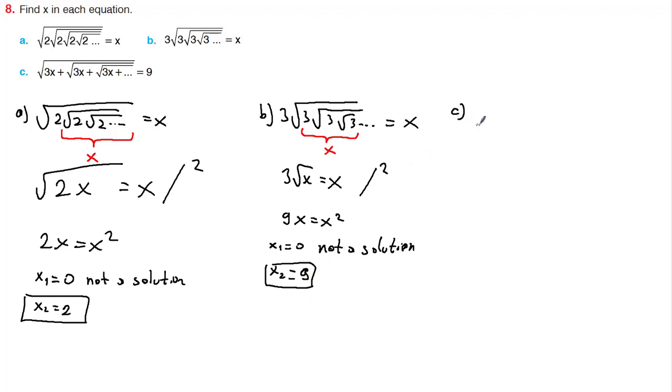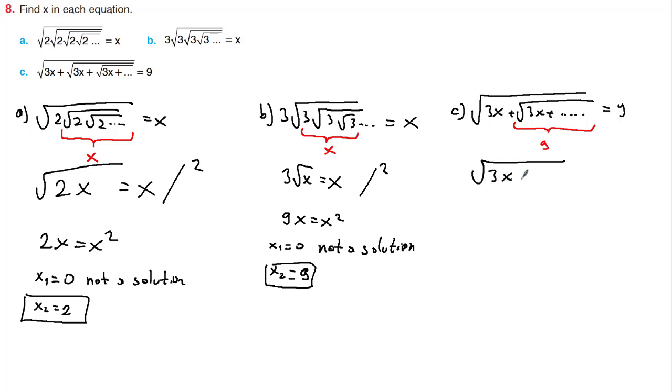Let's check the same logic for under C, and we get square root of 3x plus square root of 3x plus dot dot dot equals 9. Exactly the same. If this whole expression is 9, then the stuff inside is 9 as well, so this must be 9. So you get square root of 3x plus 9 is 9.